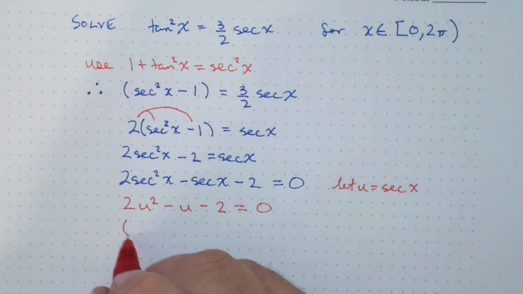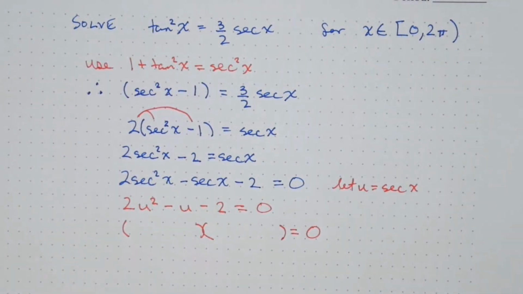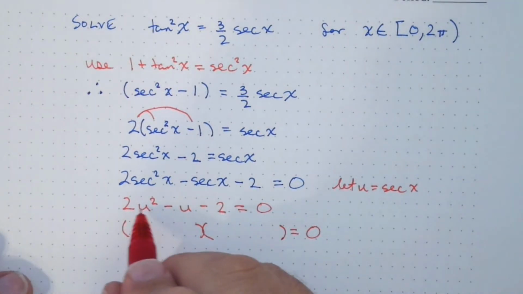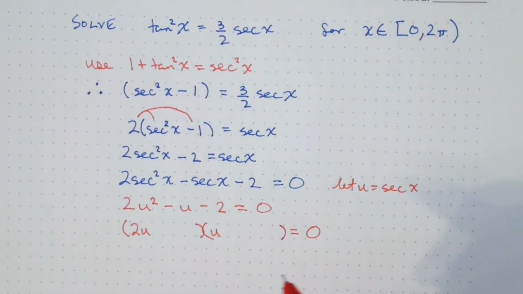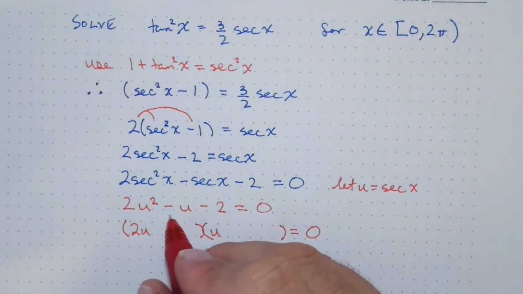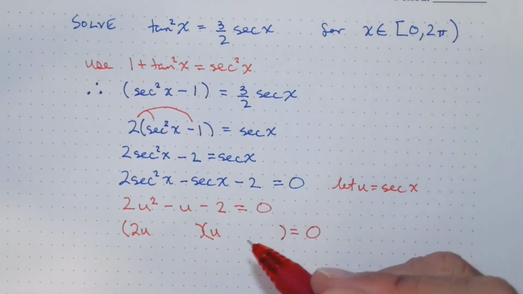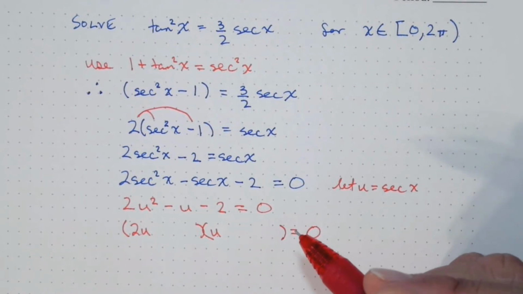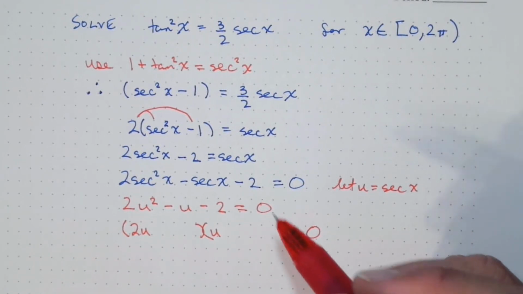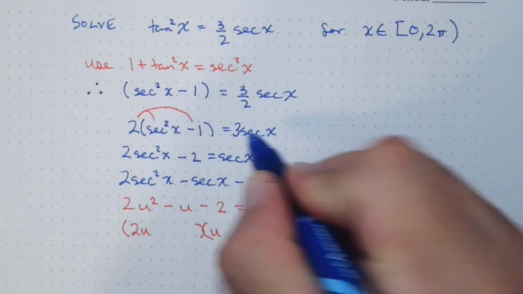Does this factor? I could try a variety of things. This is prime, so 2u and u. I need a product of negative 2 and a difference of positive 1. I could try different things, see what might work. Oh my gosh, I lost a 3. There should have been a 3 right there.